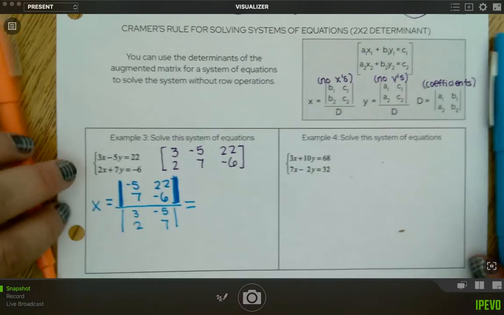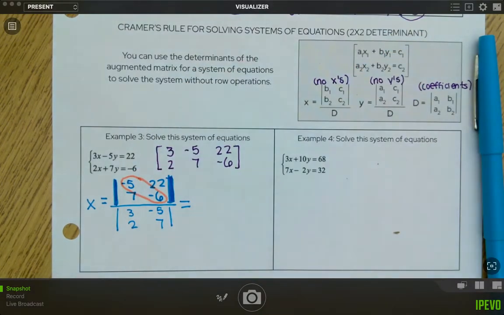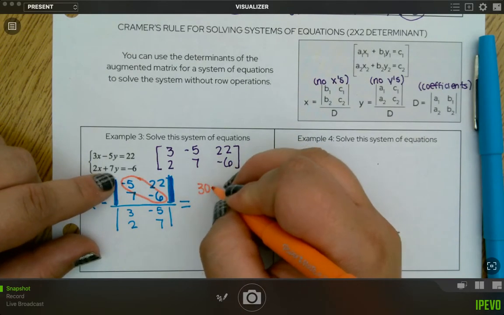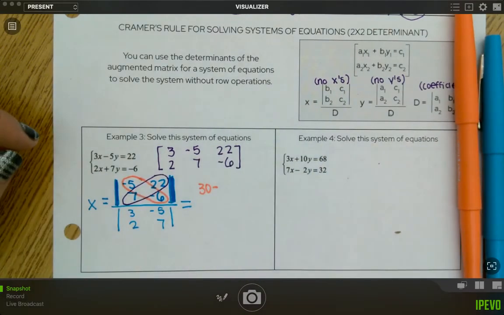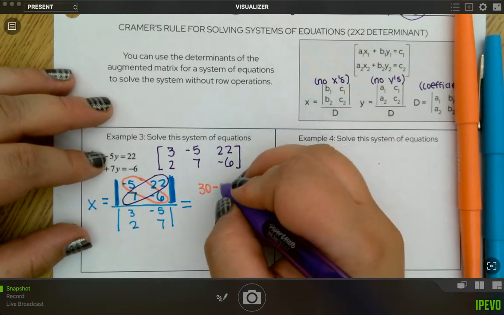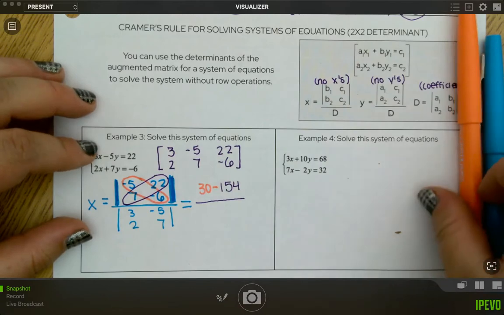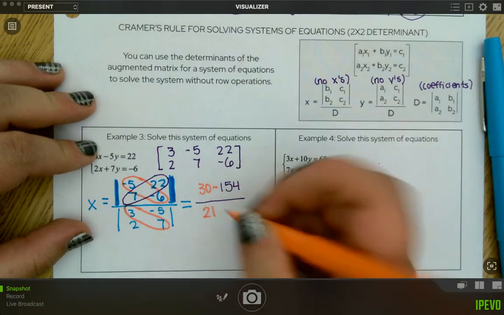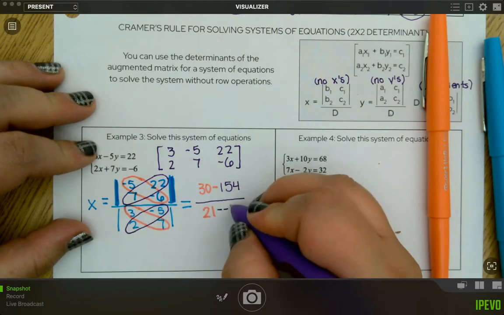Okay, and then for a 2 by 2, remember that we're going to multiply kind of the same way we just did, but there's only one diagonal. So this one, which is 30, minus this diagonal, which is 22 times 7, 154, over the determinant of this one is 21, 3 times 7, minus 2 times negative 5 is negative 10.